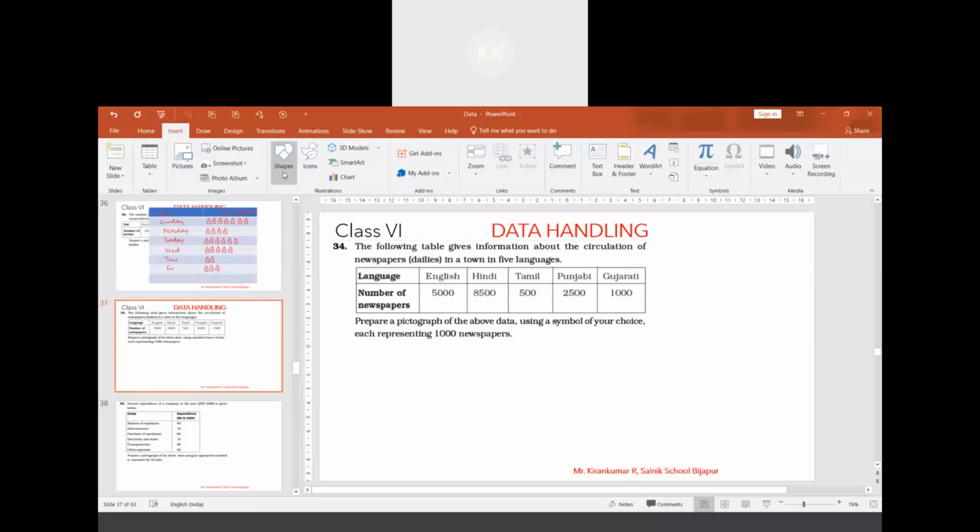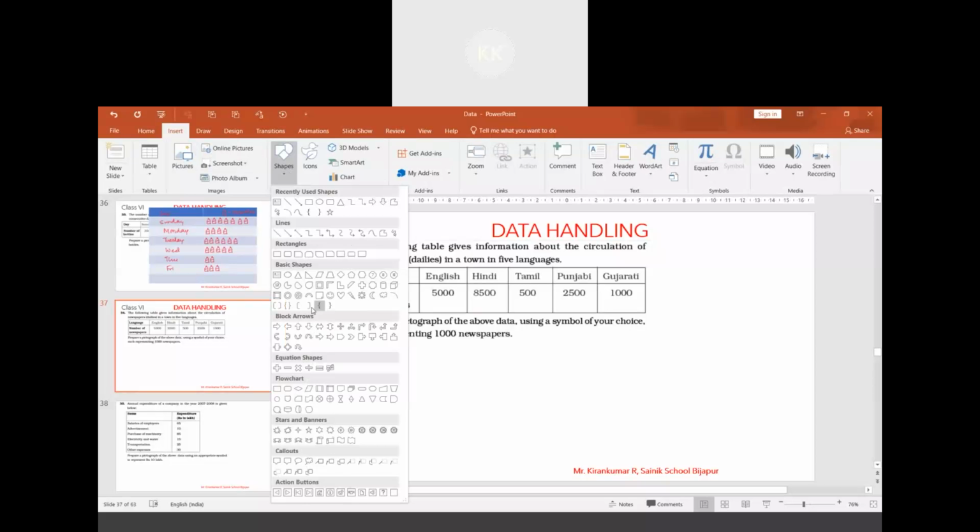Suppose I consider some symbol, say this symbol.